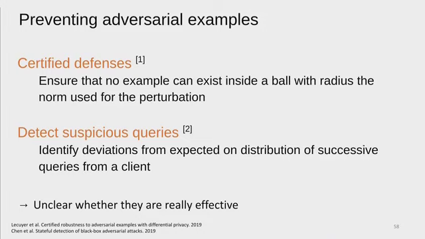Preventing adversarial examples looks at the idea that, hey, orthogonally we can look at what data the model has been trained on, and then detect that something is outside of the comfort zone of the model. That's another robustness measurement, right?